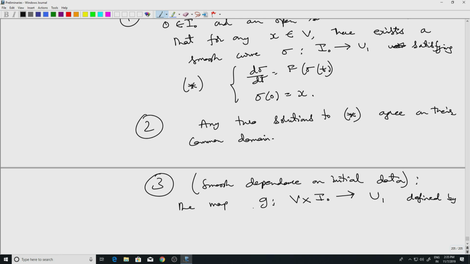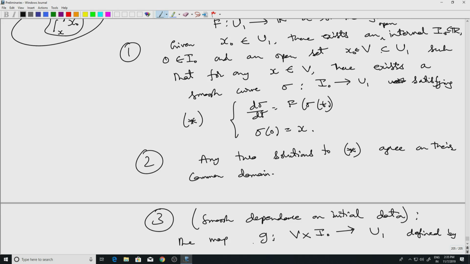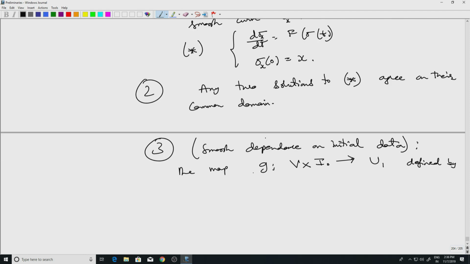so in step 1 I said there exists a smooth curve sigma. Now this sigma is a solution to the differential equation and it starts at x. So let's keep track of that x by putting a subscript here, sigma x. So now this map G is defined by G of x, t equals sigma x of t.